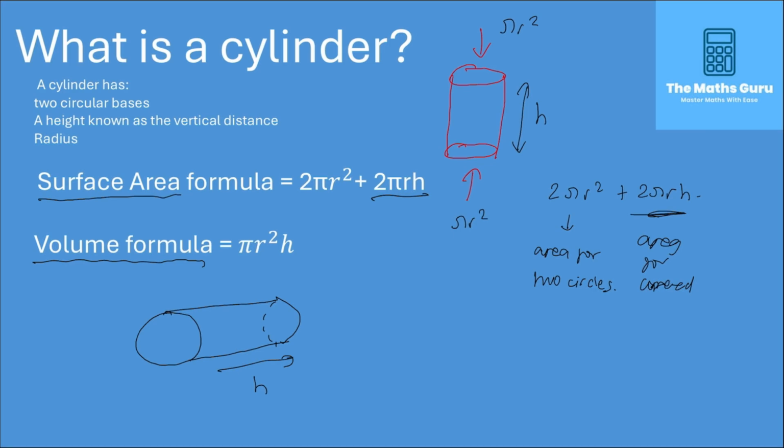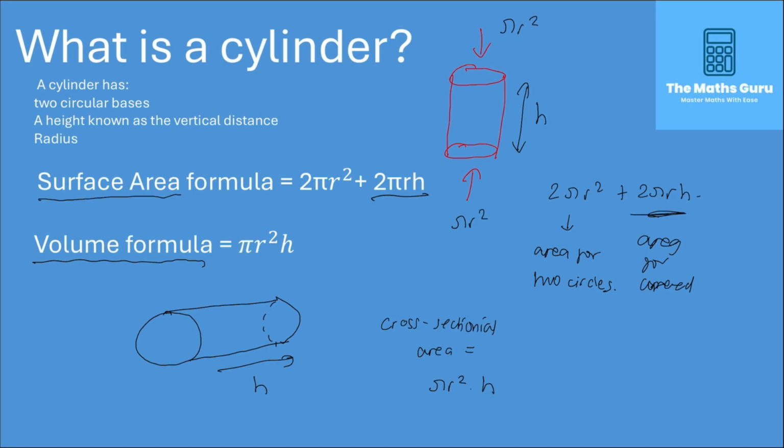This is a 3D circular object, and the 2D image which determines it is the circle. Hence the cross-sectional area is equal to pi r squared. Then we multiply by our height.